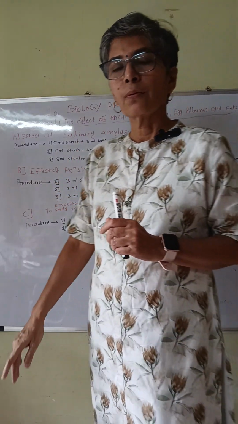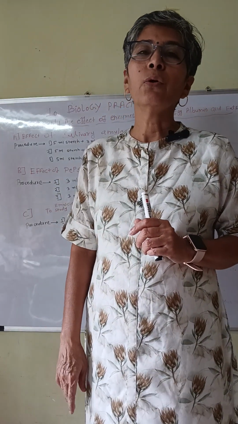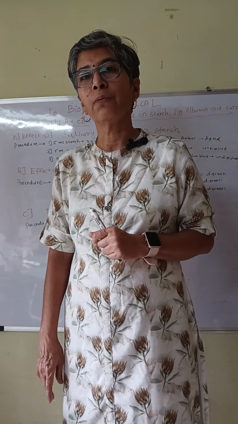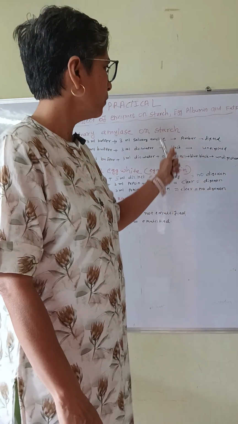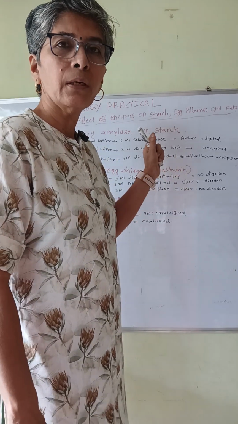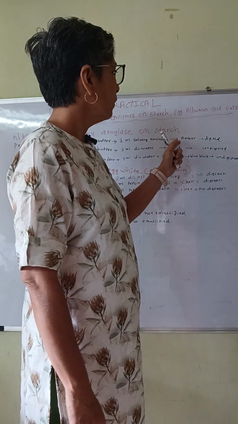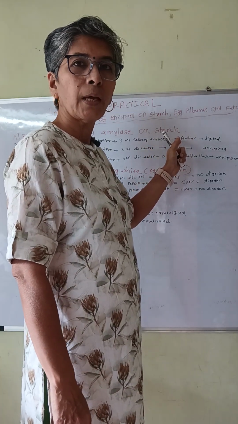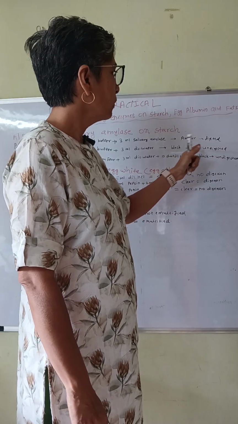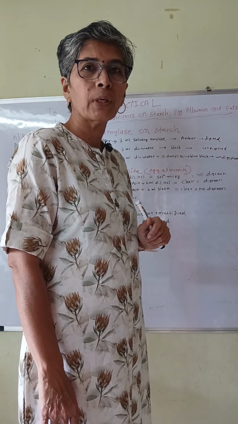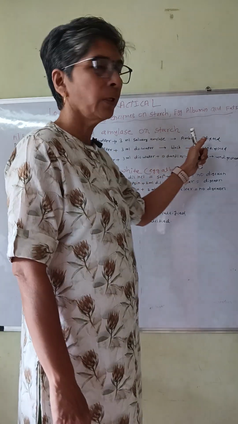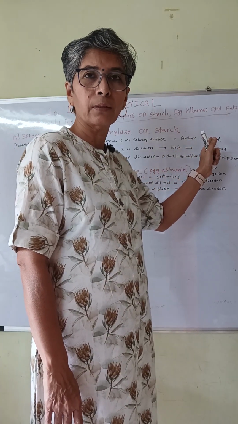So after adding Lugol's iodine solution, we get results in the 3 test tubes. There is a color change. In the first test tube, amber color is seen. So starch is digested.